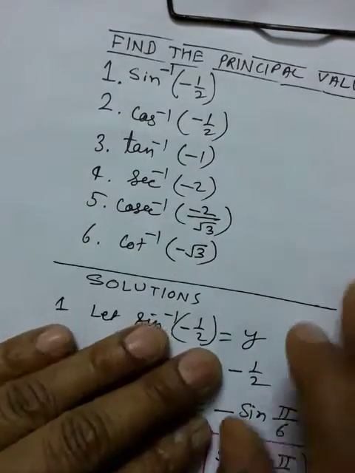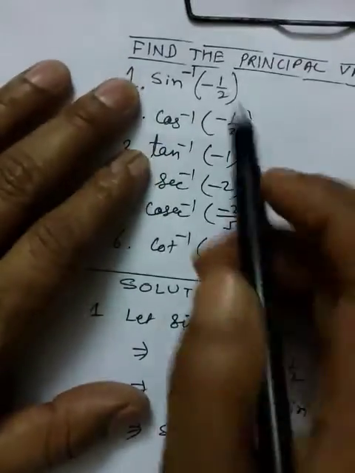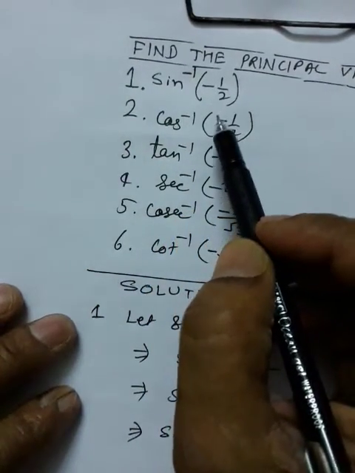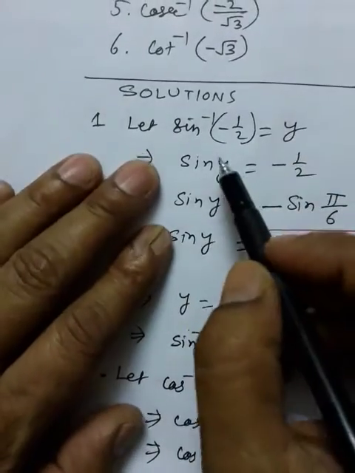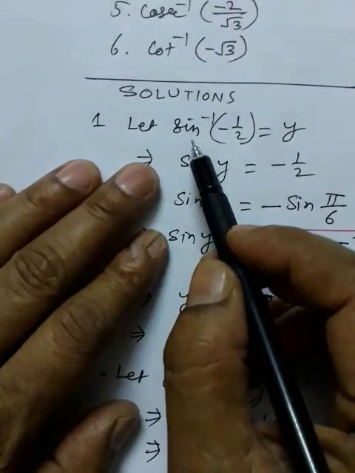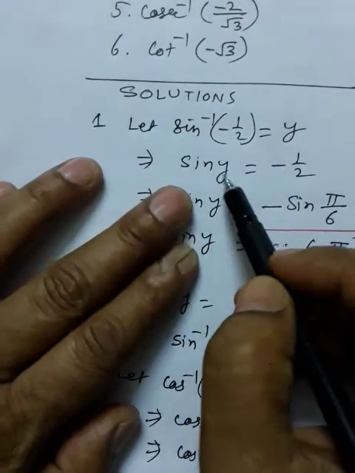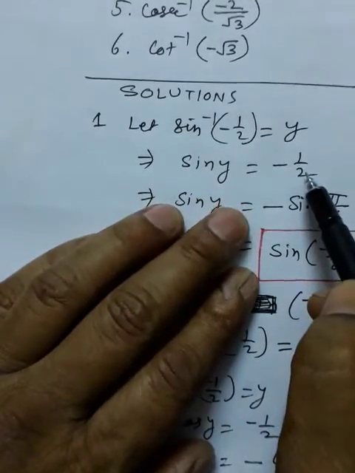Let us see the first question. We have to find the principal value for sine inverse minus 1 by 2. Dear children, as before we will suppose sine inverse minus 1 by 2 is equal to y. Then sin y is equal to minus 1 by 2.